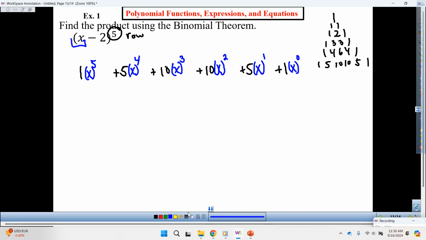Second term, look up. Negative 2 to the 0. Negative 2 to the 1. Negative 2 to the 2nd, and so on and so forth. Copy that, please.